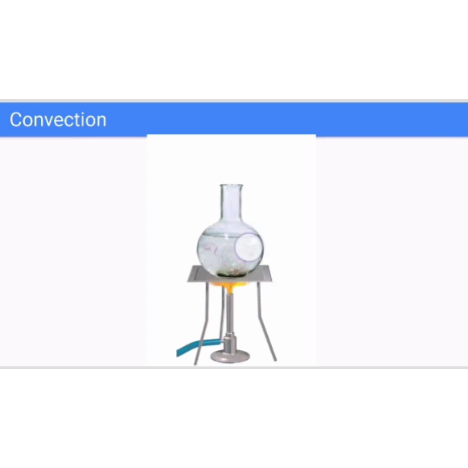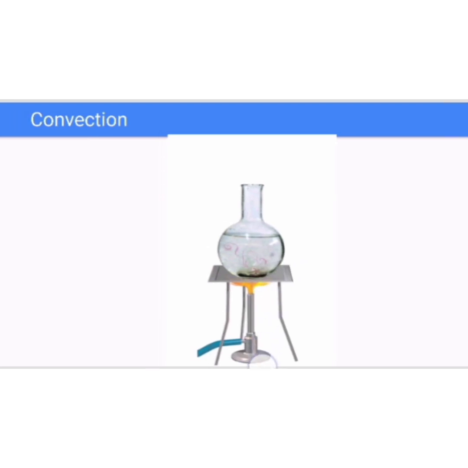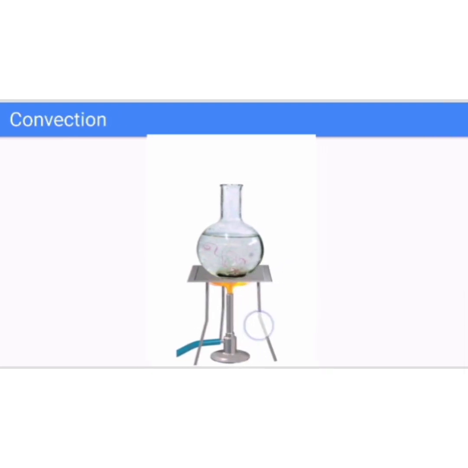Place it on a tripod, arranged in such a way that you can heat it with a burner below it. Wait till the water in the flask is still, and place a crystal of potassium permanganate at the bottom of the flask, gently using a straw.